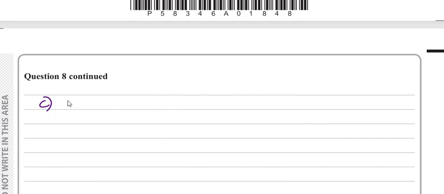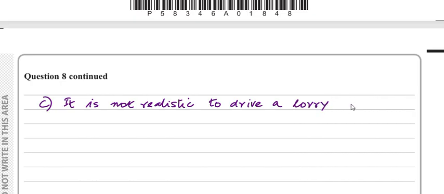So we can say it's not realistic to drive a truck or a lorry at the same speed for long distances.